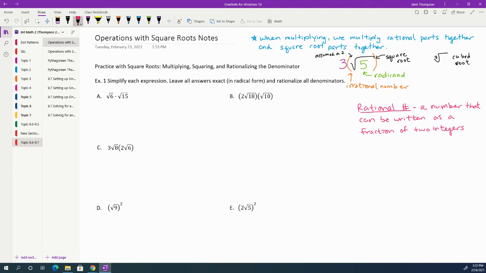Right? So when I have some number, like 7 over 3, the top is an integer, the bottom is an integer, or negative 7 over 3.